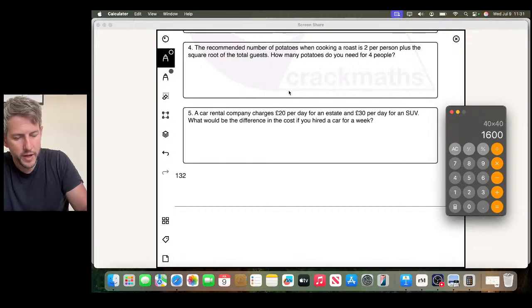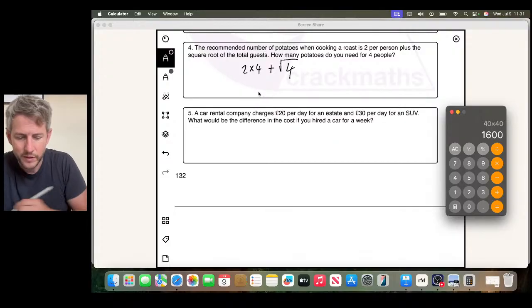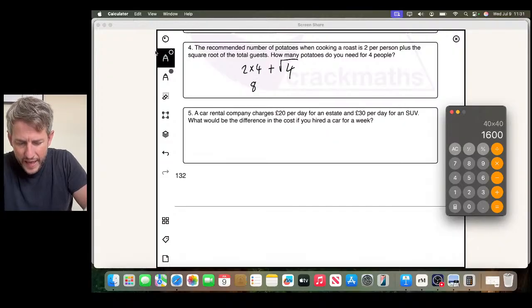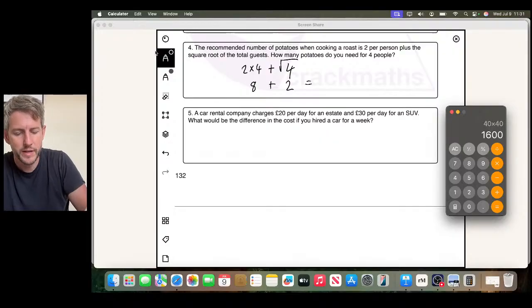So 2 per person is going to be 2 times 4, and then plus the square root of the number of guests, which is 4. Okay, so here we go. 2 times 4 is 8. The square root of 4 is 2. Okay, so this will be 10 roast potatoes.